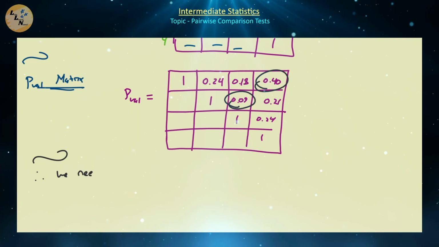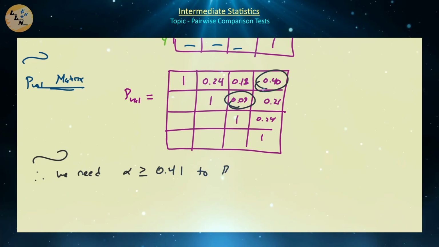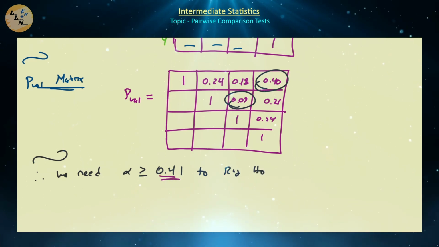So we need our alpha to be, say, greater than or equal to 0.41 to reject the null hypothesis. Actually, no, that's rejection, right? So reject the null hypothesis. And why is that the case? Well, if we were to choose 0.41, all of our p-values are below our alpha value.